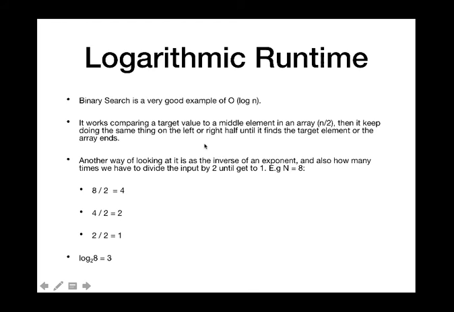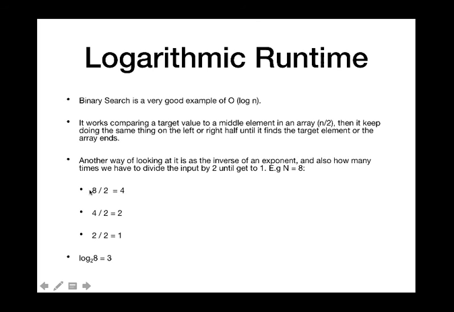But quickly, it simply compares the target value to a middle element in the array, and keeps doing the same thing on the left or the right, depending on the values. It simply keeps dividing the array by 2 until it gets to 1. That's why we get a logarithmic runtime.